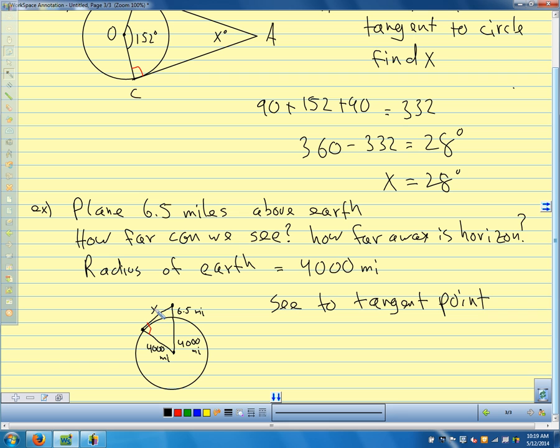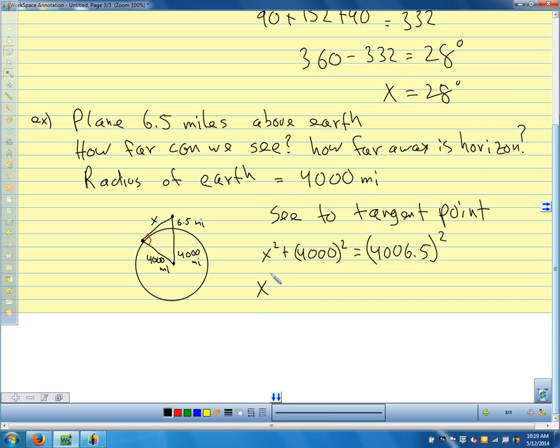We can use the Pythagorean theorem. So this is my 90-degree angle, so this side is the hypotenuse. This is the longest side. So I have x squared plus 4,000 squared equals, and this side is 4,000 plus 6.5, so I get 4,006.5 squared when I use the Pythagorean theorem.